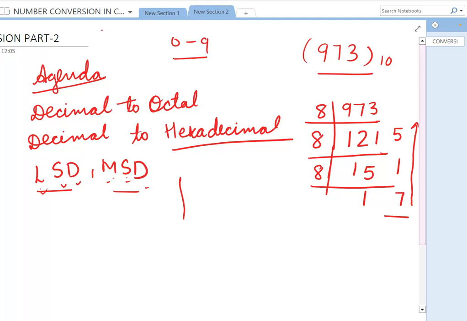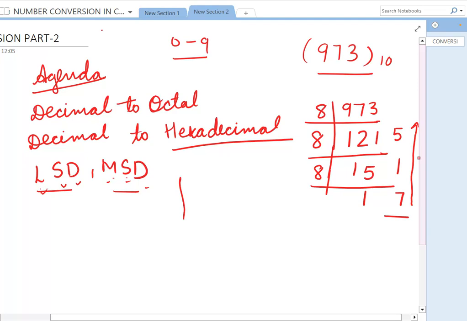Once you are dividing the number, remember, the very first remainder becomes your least significant digit, and the last remainder becomes the most significant digit. That is why it is bottom to top, which is the way you have to note down.